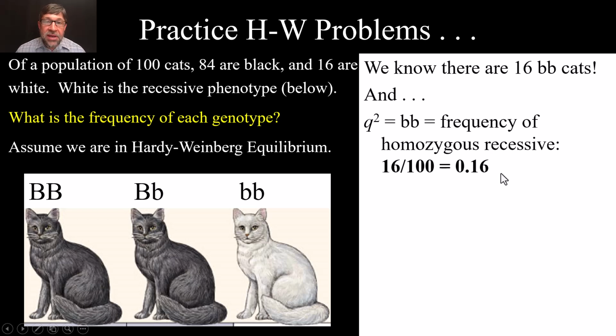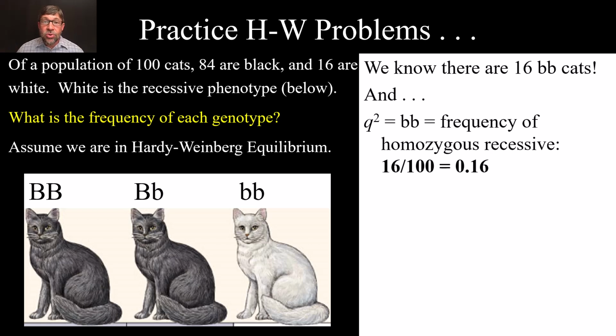I would recommend on all of your problems rounding to 3 decimal places. In this case, I've just gone to 2 because the third decimal is a 0. So again, Q squared, you're either going to be given it directly or you're going to be able to calculate it from the word problem. Okay, so step 1, identify Q squared.